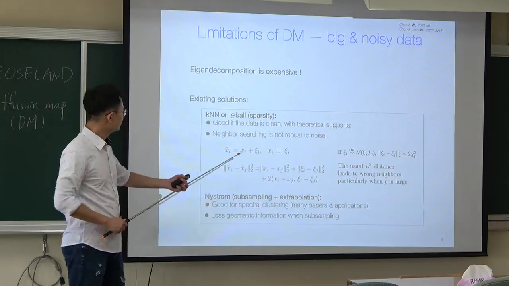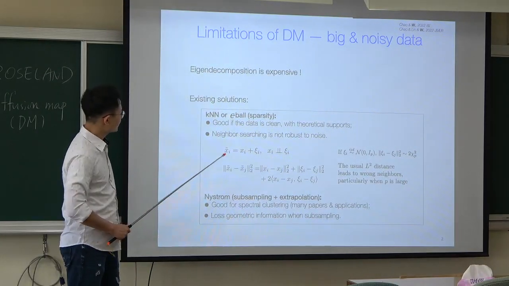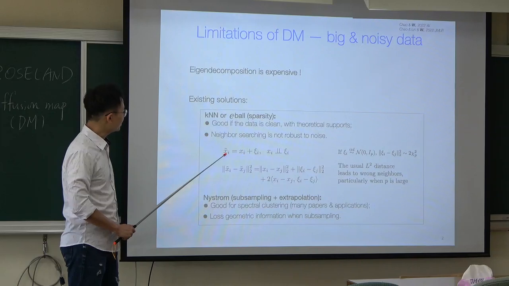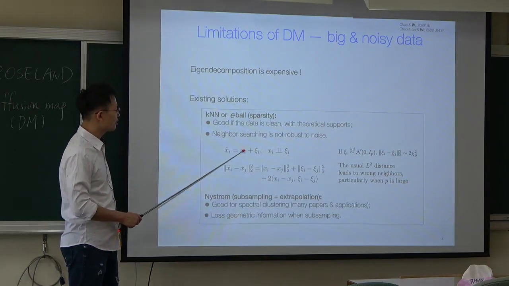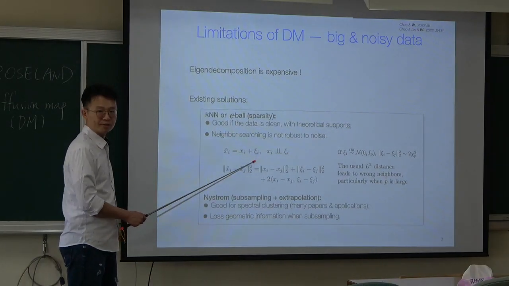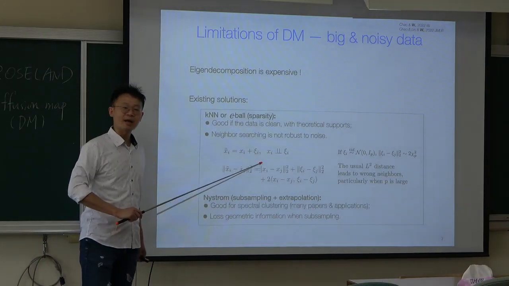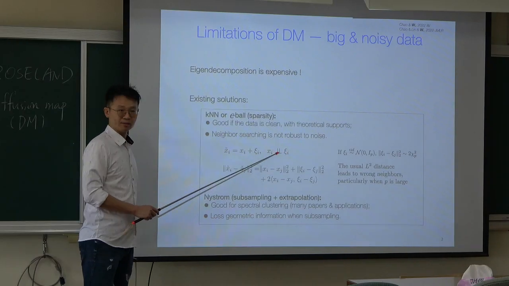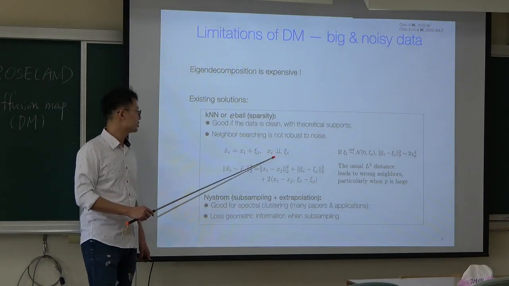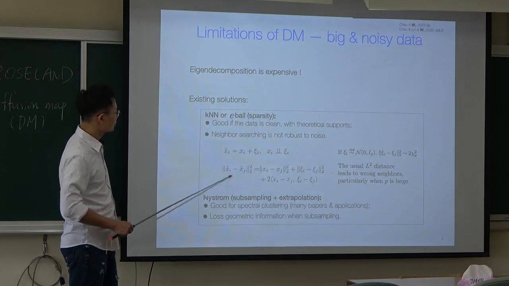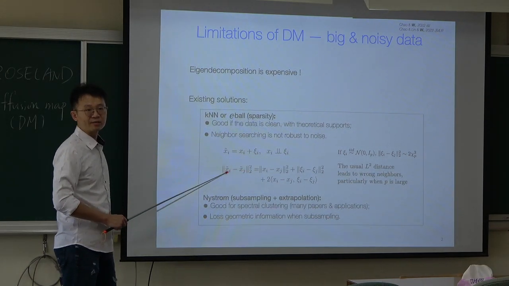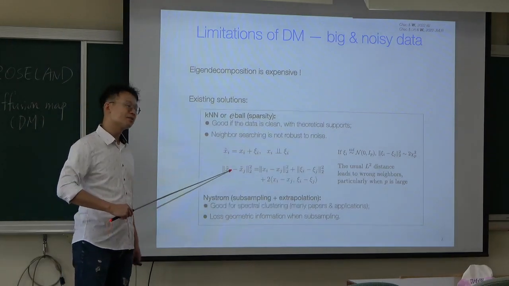Why? If you look at this example, you have x_i tilde, the noisy data, which is x_i plus ξ_i. x_i is the clean data you have interest in, and ξ_i is the noise. Let's make an assumption that the data and the noise are independent so that we can do the calculation easily. Now you see, x_i tilde minus x_j tilde is the usual way to evaluate the L2 distance if the data is saved in Euclidean space.